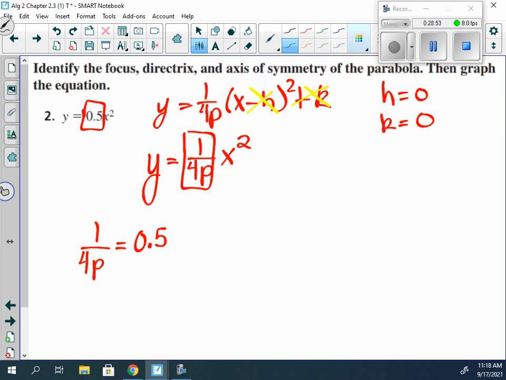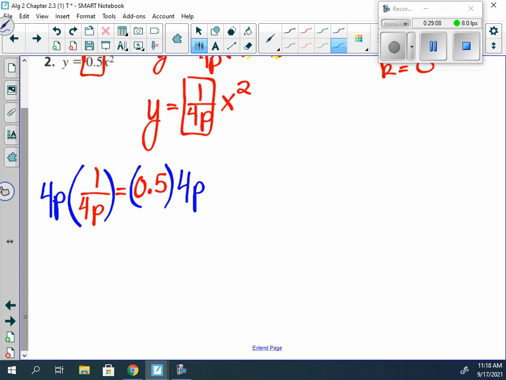Now what can we do to both sides? We can multiply both sides by 4p. Now what is 4p times 1 over 4p?